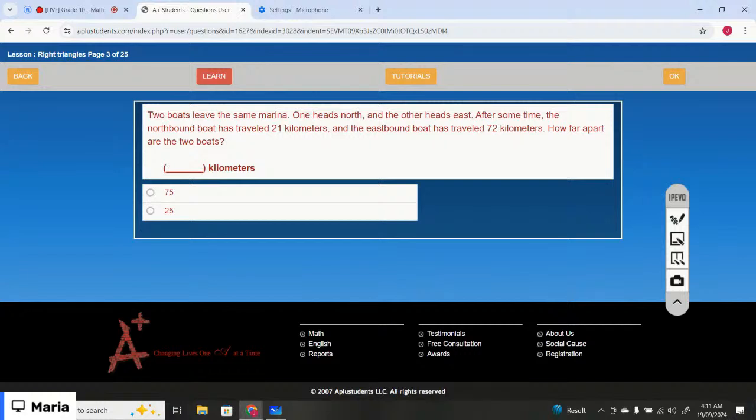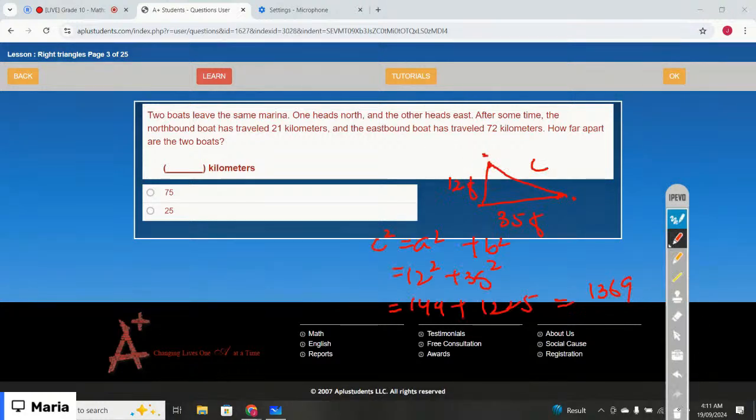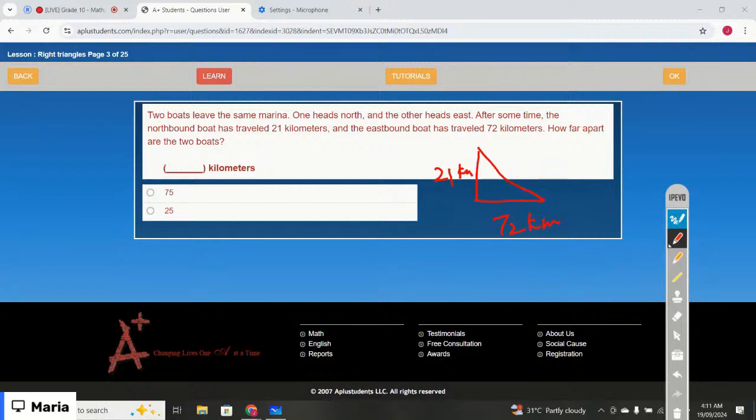Two boats leave the same marina. One heads north and the other heads east. After some time, the northbound has traveled 21 kilometers and the eastbound traveled 72 kilometers. How far apart are the two boats? You need to calculate this distance. So which is the correct option?